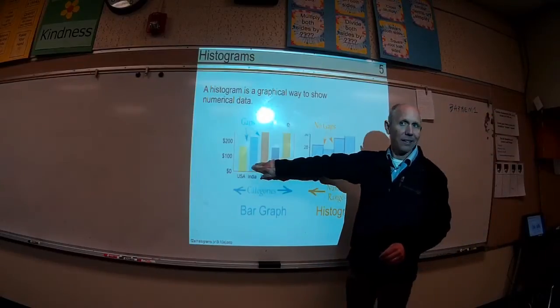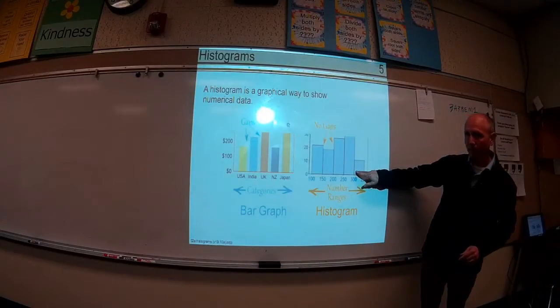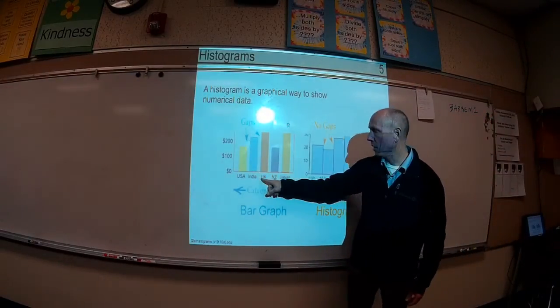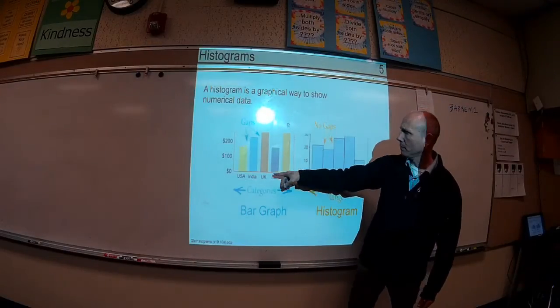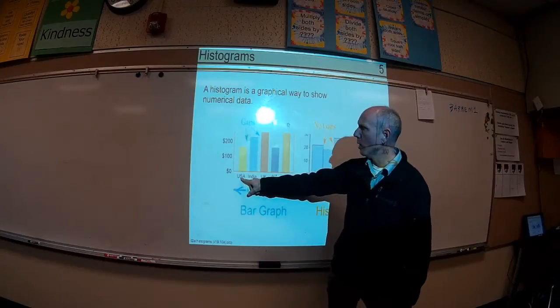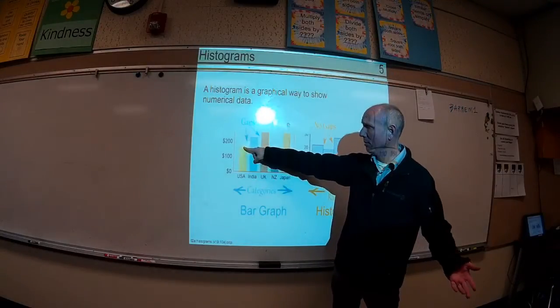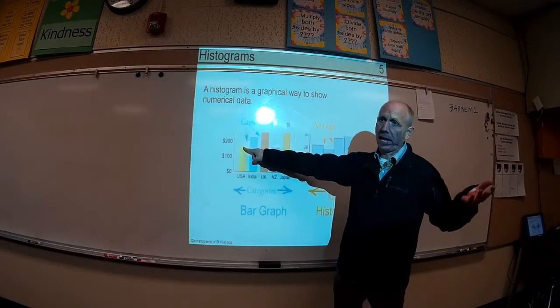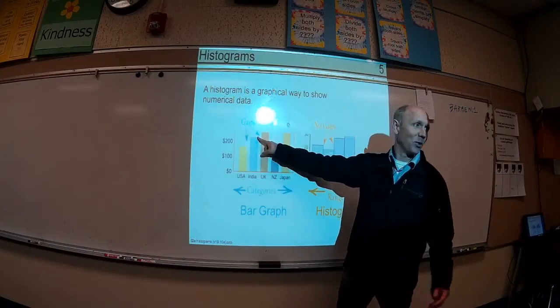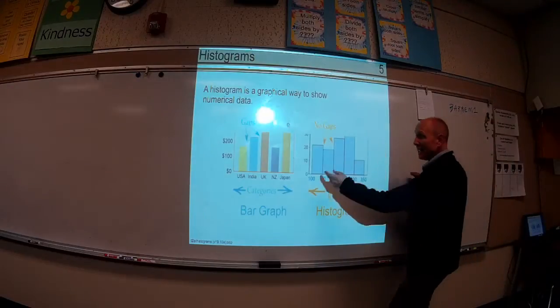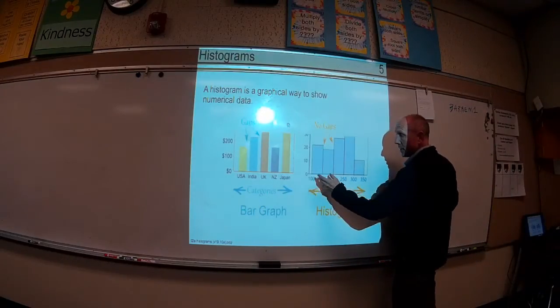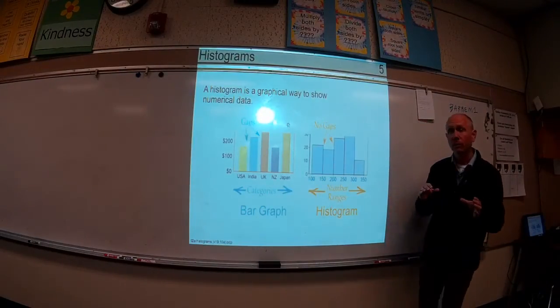This is a bar graph. This is a histogram. Bar graphs are usually set up with categories, and they do have gaps in them. So like in the US, it costs $170 for a pineapple. In India, it costs $220 for a pineapple. A histogram is actually all numeric.